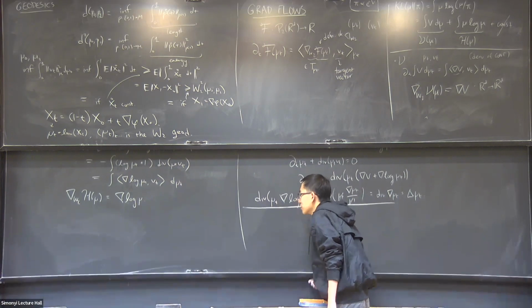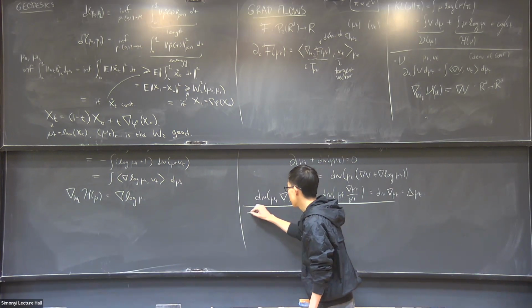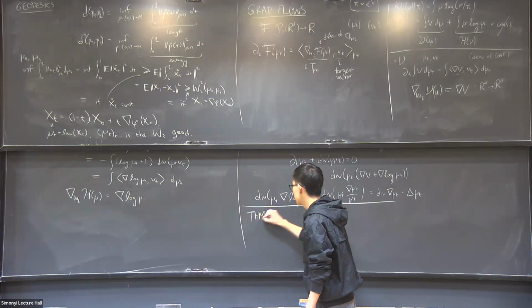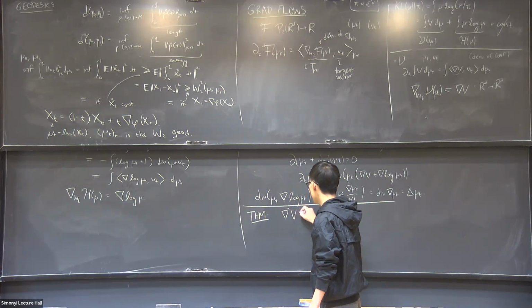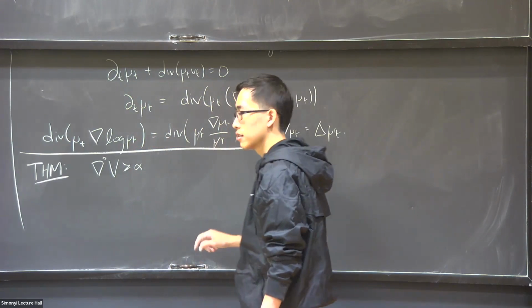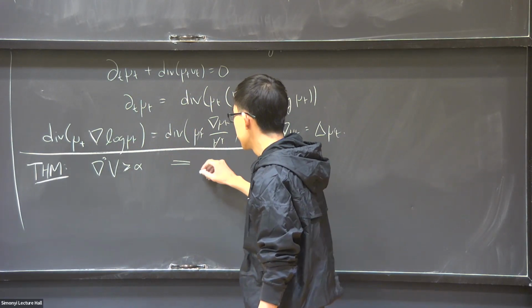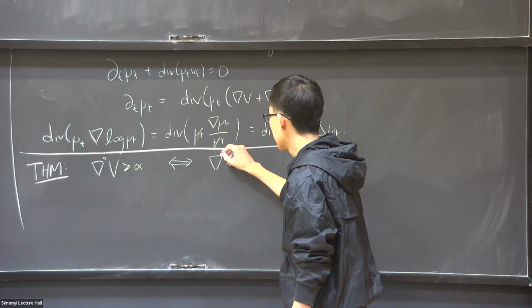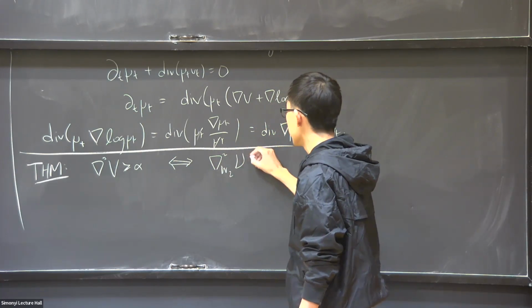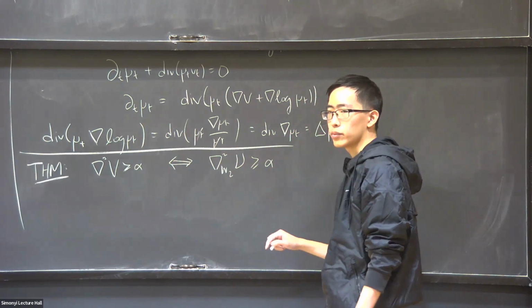Without going into the details, suppose that your potential function is strongly convex. This is equivalent to the potential energy being strongly convex on Wasserstein space.